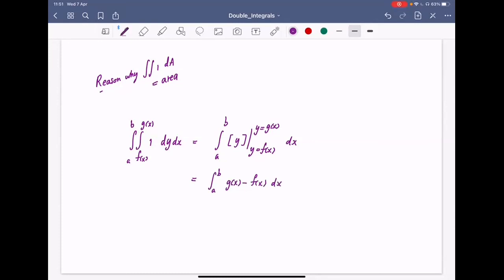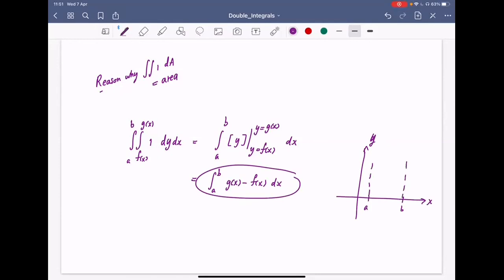In terms of one-dimensional calculus, this is the same as saying: this is my y-axis, this is my x-axis, and I want to integrate from a to b. I have the curve g(x) on the top and the curve f(x) on the bottom.